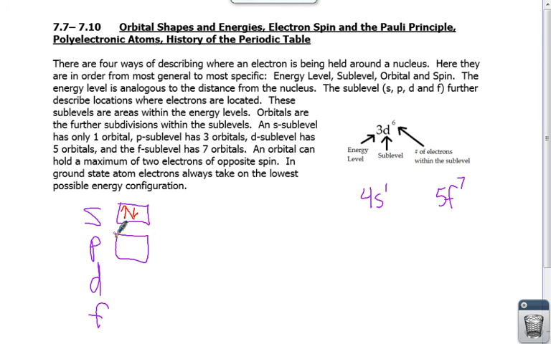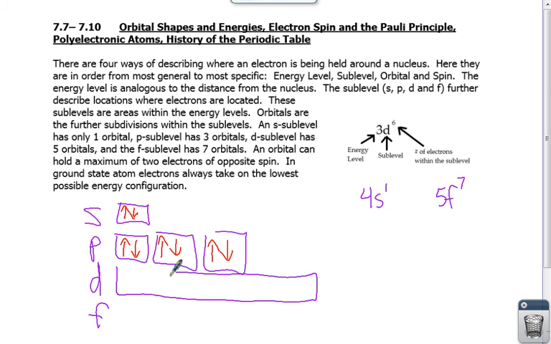The P's have 3 orbitals, and they can each hold 2 electrons. So therefore we're at 6. The D's have 5 orbitals, and I'm going to cheat and make it like this. That's 5 boxes. And then you would have 10 arrows, 1, 2, 3, 4, 5, 6, 7, 8, 9, 10.